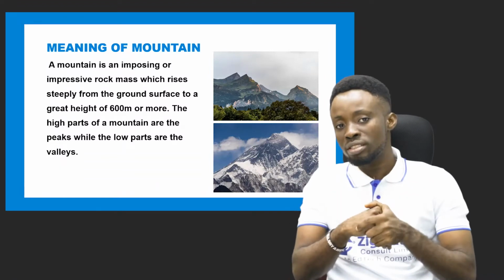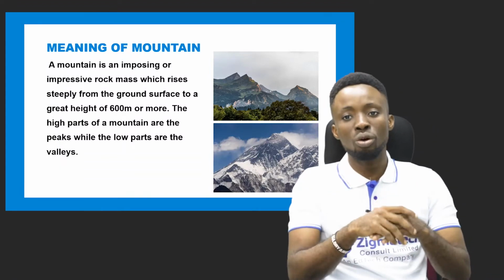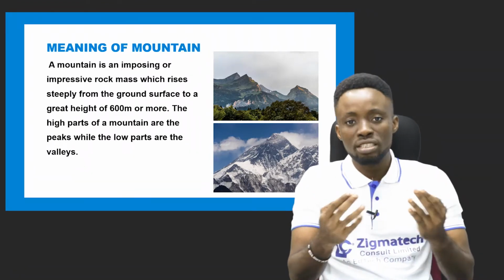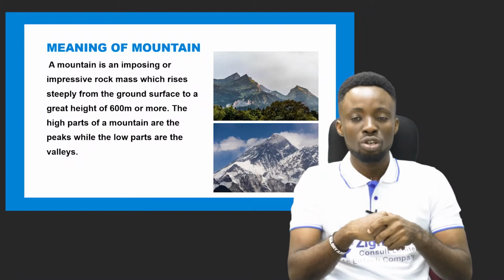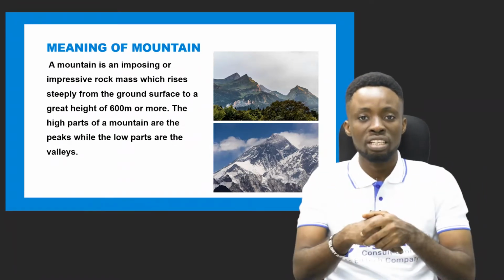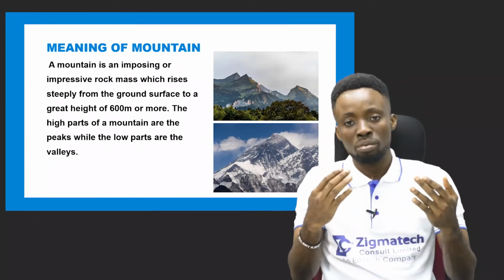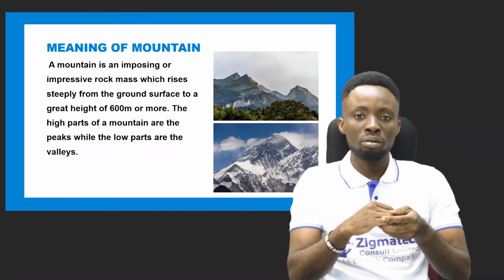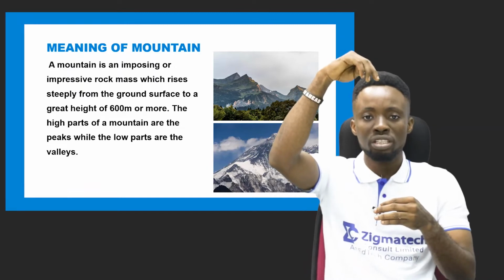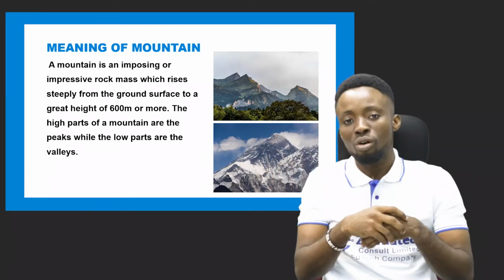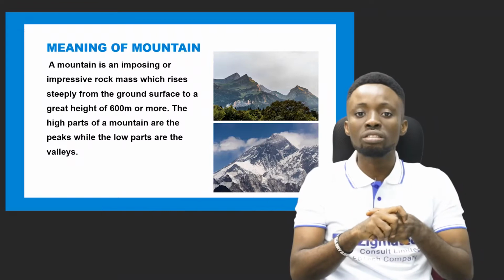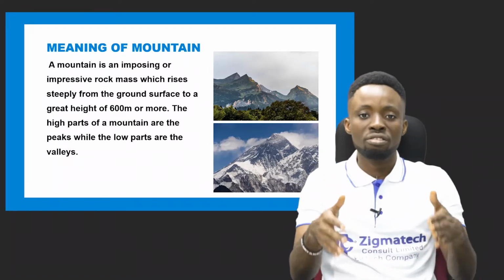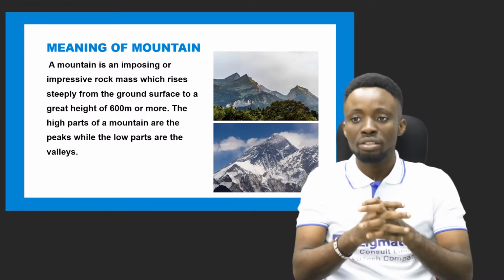Now, a mountain is simply an imposing or impressive mass of rock that rises steeply from the ground surface to a greater height, and the height is usually in a range of 600 meters and above. And the top of the mountain is called a peak, or you can call it the zenith. And the lower part of the mountain is referred to as a valley.